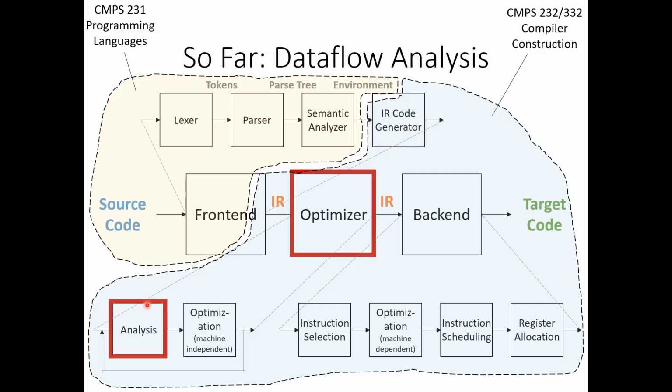We saw some peephole optimizations first, and then we started talking about global data flow analysis, and we saw how we can analyze entire control flow graphs to find loops, and also to be able to do analyses such as reaching definitions, liveness analysis, and available expressions, etc. And we saw how all these analyses have this data flow framework in common that we can use, where we define local variables, and then we set up systems of equations to find the input and the output for each of the basic blocks, and then we solve that system of equations iteratively, and we pick a particular order to be able to converge in as few iterations as possible.